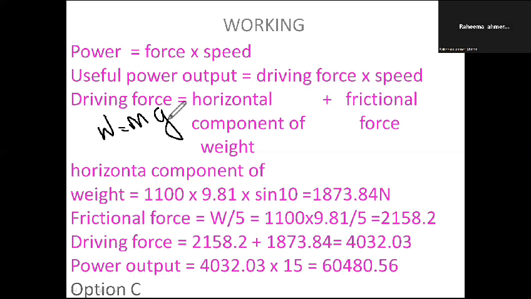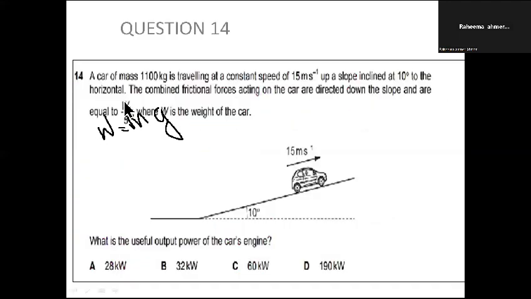So mass is 1100 kilogram and 9.81 is the value of g, and multiply by sine 10. So you got the horizontal component of the weight. Now you have to find the frictional force. We are already provided with the expression to find the frictional force, which is W upon 5.